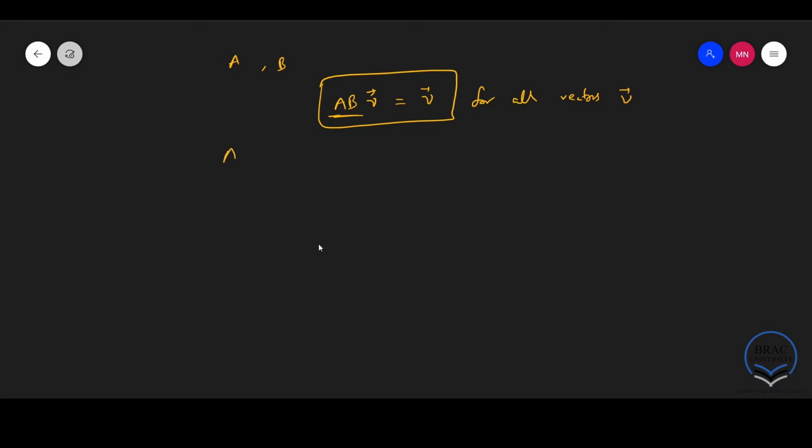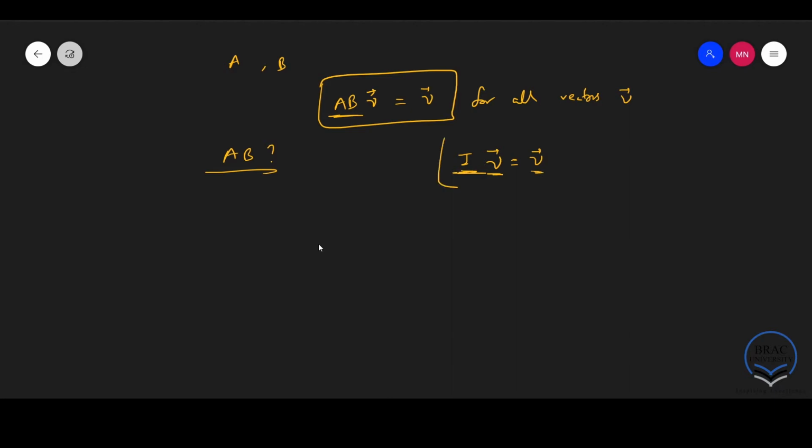So what exactly is AB equal to? Well, we know from previous classes that any matrix that is going to give us back a vector unchanged must be just the identity matrix. If I multiply any vector by the identity matrix, I will just get that vector back.